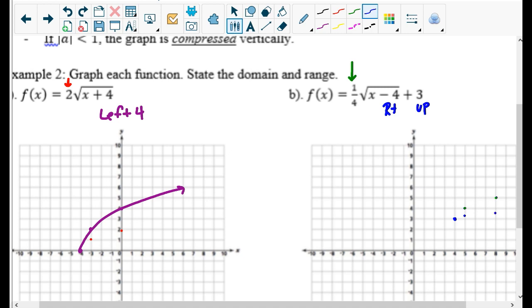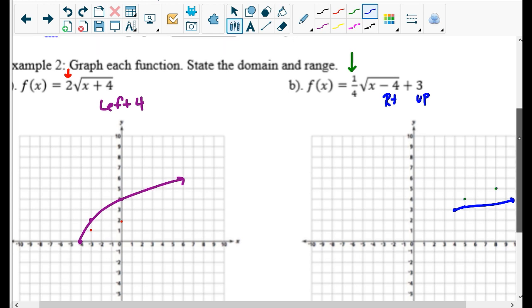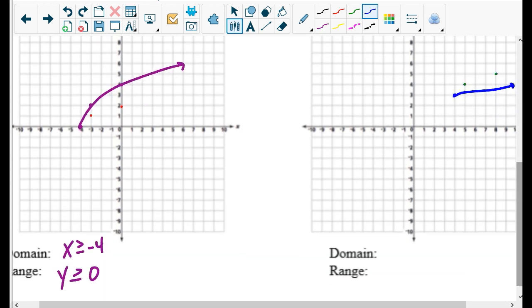So I can kind of just estimate those values when I'm graphing those, and it's going to get really flat and almost like a straight line across there. So again, domain then x greater than or equal to 4, y greater than or equal to, in this case, 3.